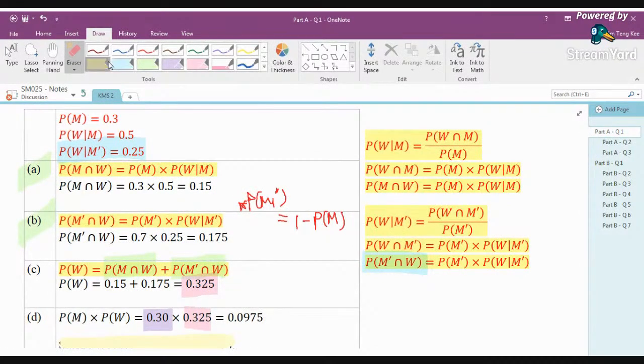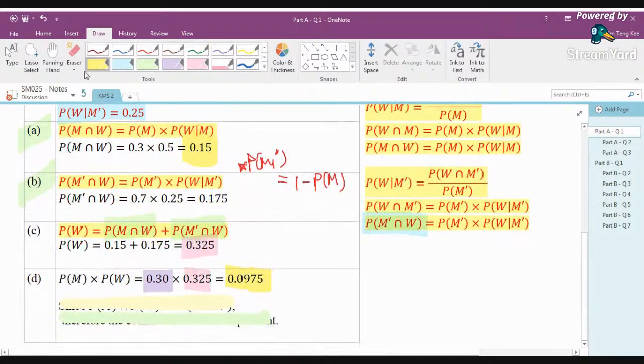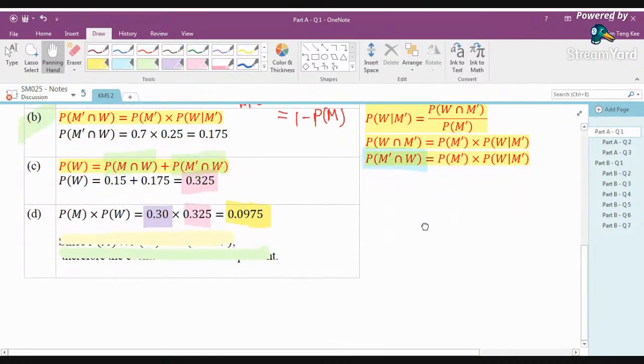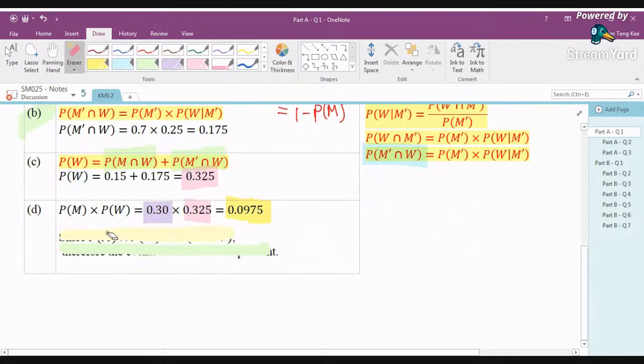And compare this result with the intersection between M and W, which is the result in part A. What you find out is that in part A, you have the answer as 0.15. Obviously, these two answers, 0.15 and 0.0975, are not the same. So therefore, with these observations, we can state the conclusion with reason as follows.